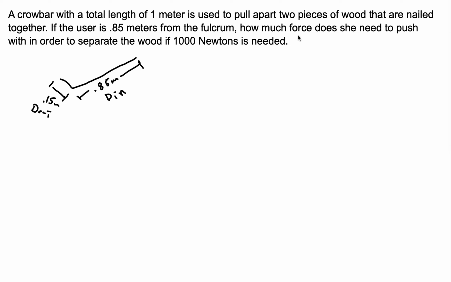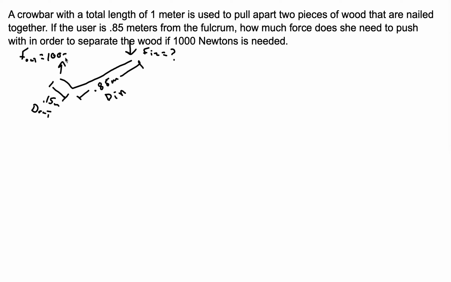Now how much force do I need to push with? So I am pushing on this end right here. That would be the input force. The input force is my question mark. In order to separate the 2 pieces of wood, that would be the output force.